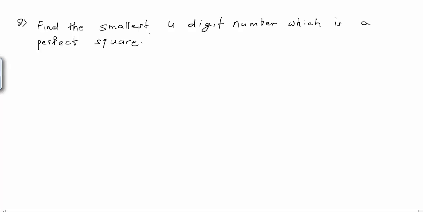Now find the least number which is a perfect square. So first of all we see what is the least 4-digit number.